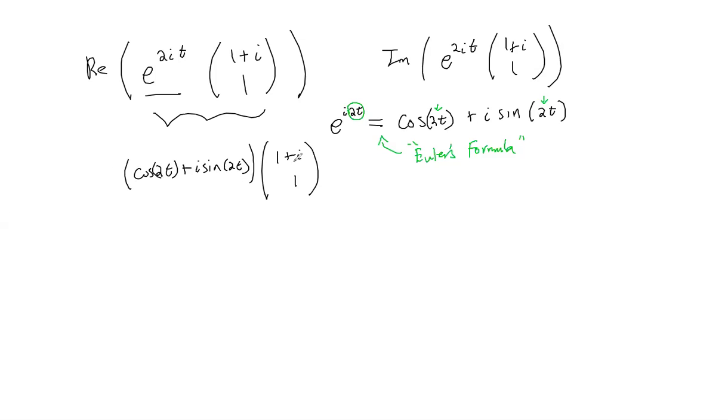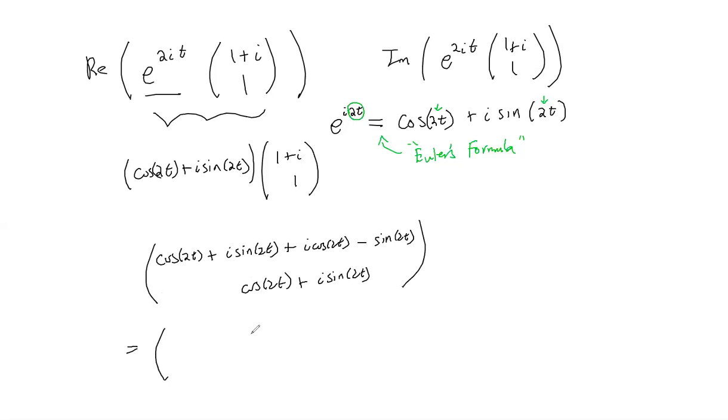So we can multiply the first one by 1 plus i: cosine 2t plus i sine 2t plus i cosine 2t minus sine 2t. And then here we get cosine 2t plus i sine 2t.